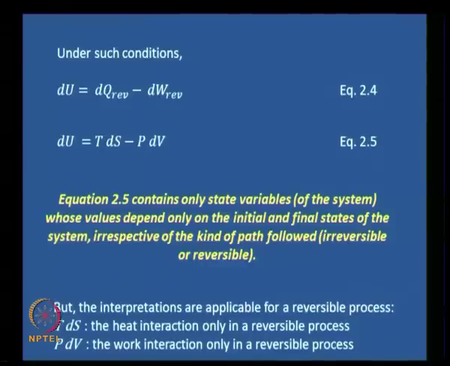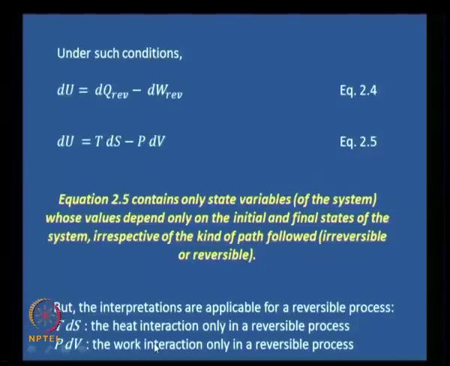Nevertheless, the interpretations of the various terms, the TdS as the heat interaction and PdV as the work interaction, are all applicable only for a reversible kind of process, because these are path functions.